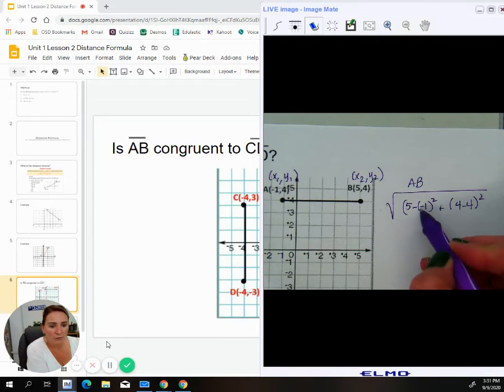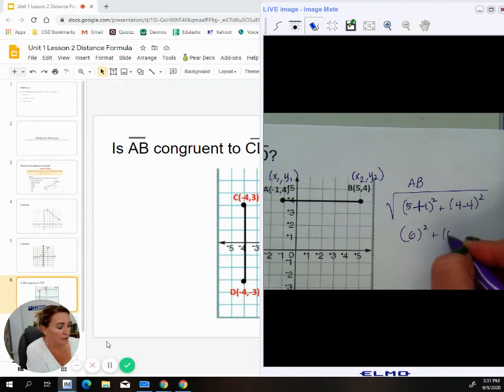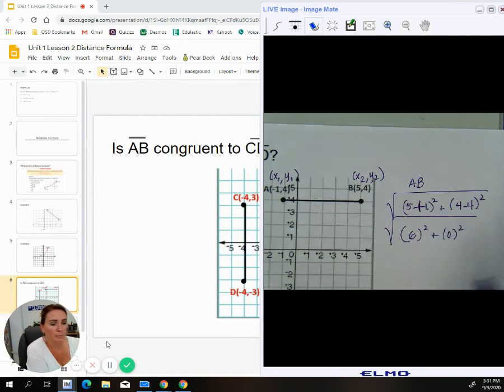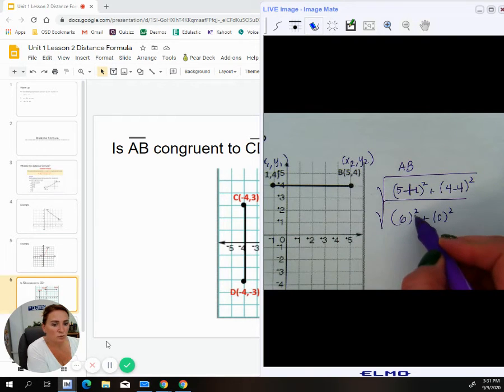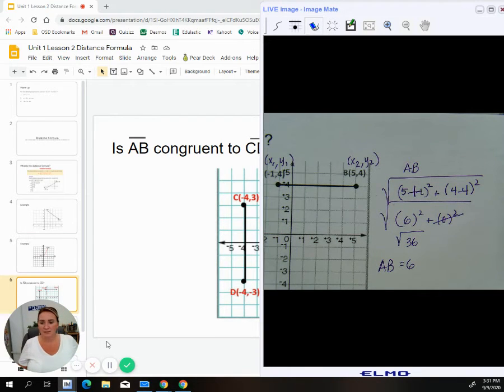Minus a negative, remember, becomes a plus sign. So 5 plus 1 is 6. And 4 minus 4 is 0. So now we have 6 squared is 36. We already know 0 is going to pop out. And the square root of 36 is 6. So that means AB's distance is going to be 6.